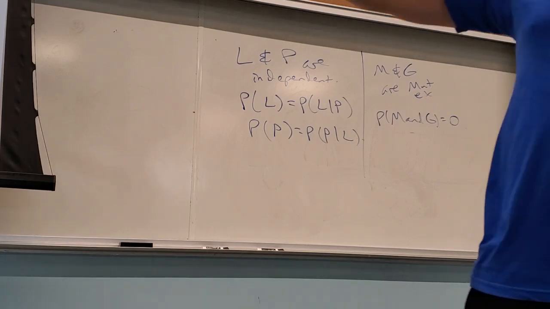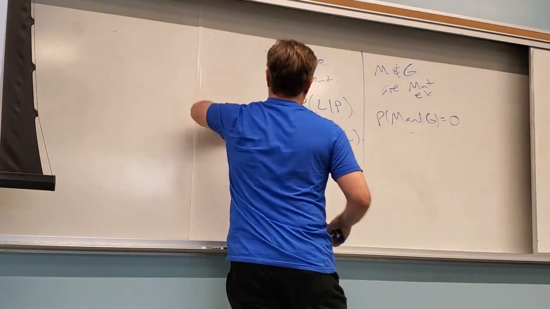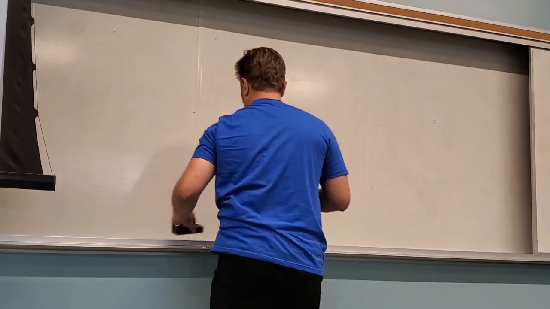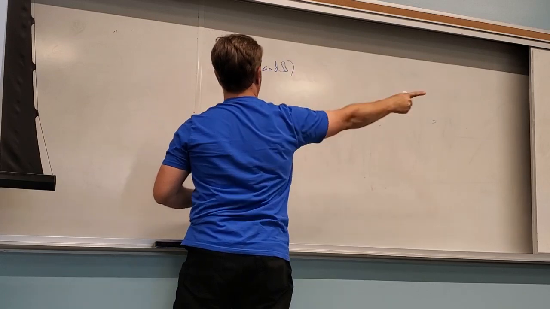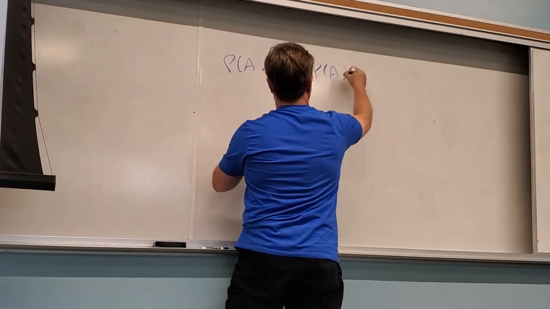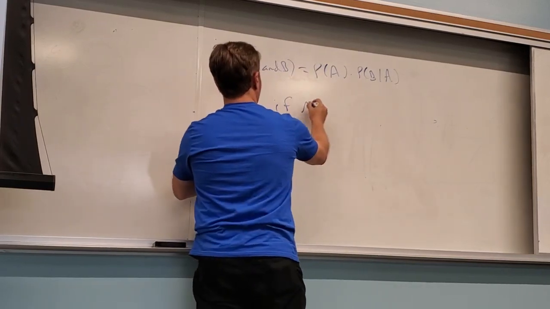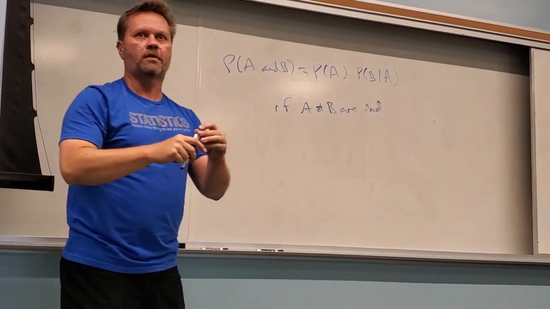Okay. 43, what I just said is really related to 43. Real quick, remind me probability of A and B. It's probability of A times probability of B given A, for example. If A and B are independent, what does that mean?